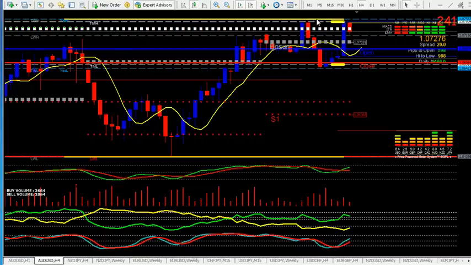This is the range during the week. Once you break that by 1 or 2 pips, that's a fractional, the range will extend. So in other words, we look at fractionals as well.